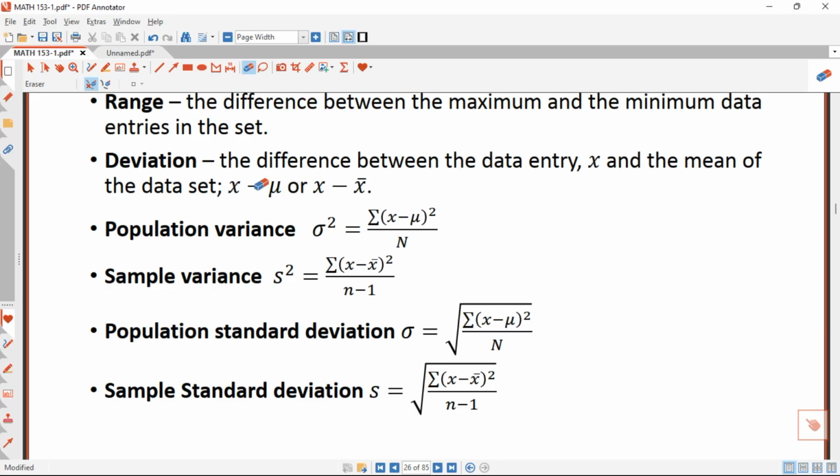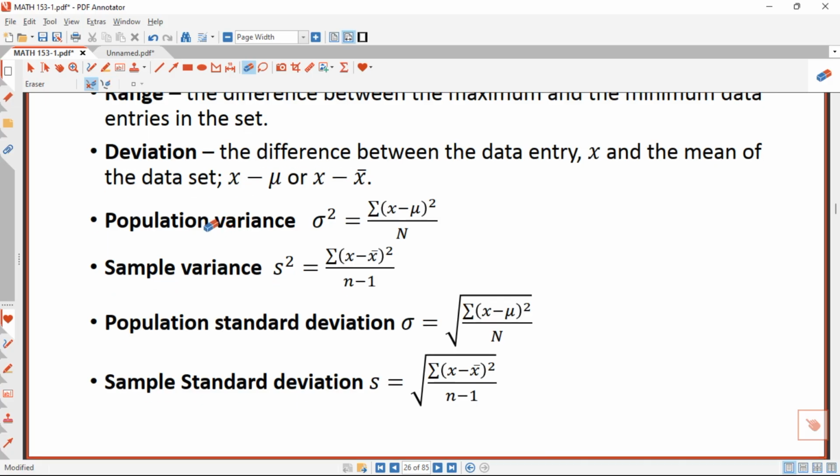So x minus the mean is called the deviation, x minus mu, or it can be written as x minus x bar. The deviation is simply the difference between the data entry x and the mean of the data set. So when a raw data is given to you, we are going to find the mean of the raw data and subtract it from the individual data entries. So that is the deviation.